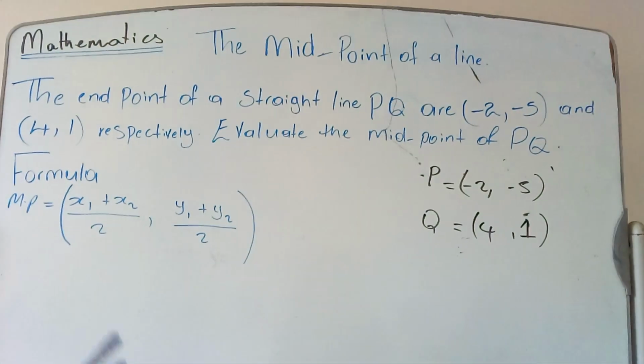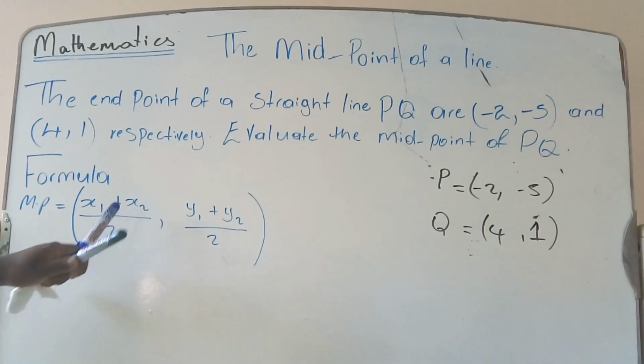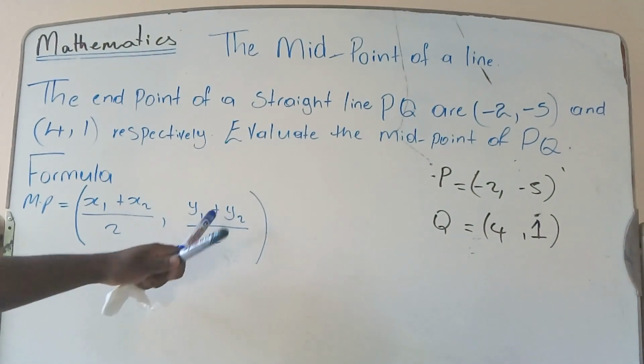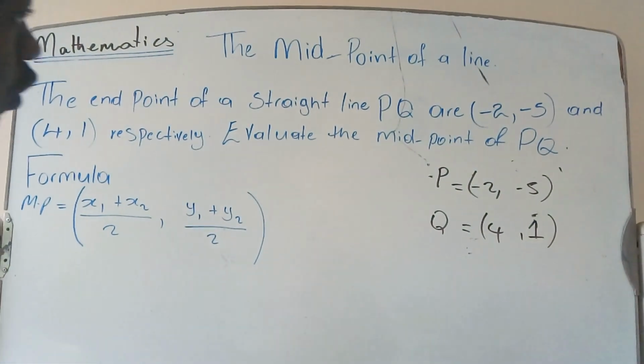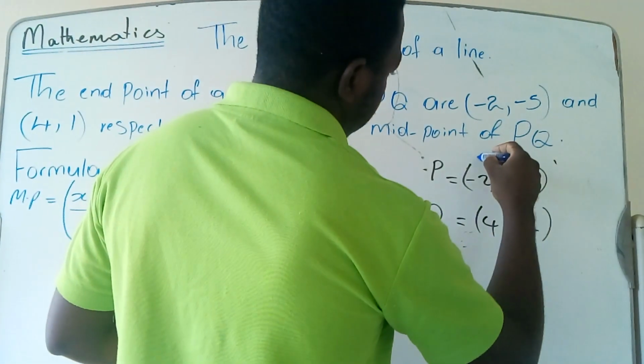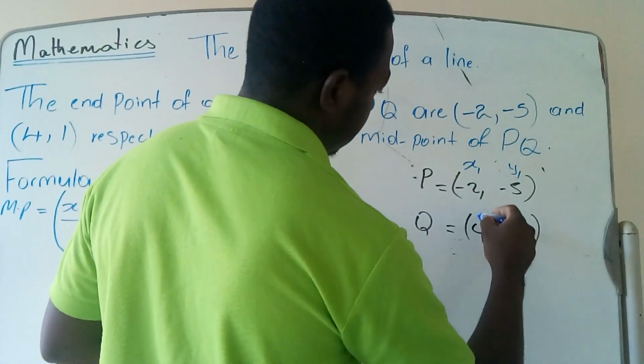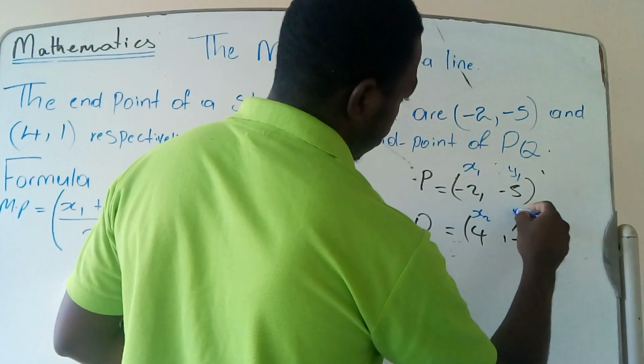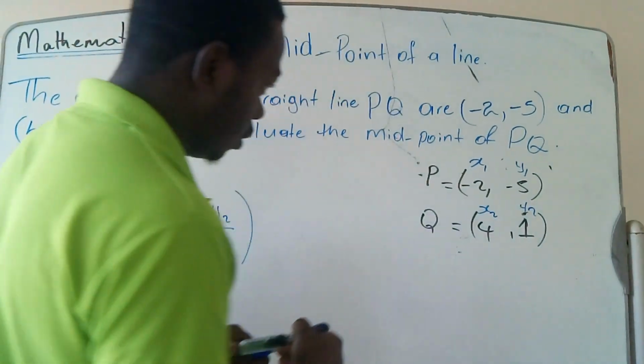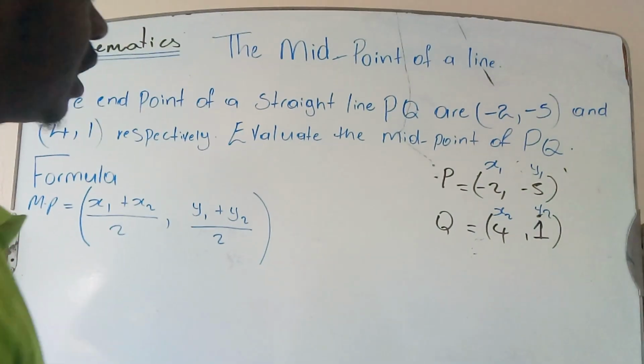Now we know for the formula we need an x1 value and an x2 value, a y1 value and a y2 value. So this is x1, y1, x2, y2. Let's just write them out to be clear.